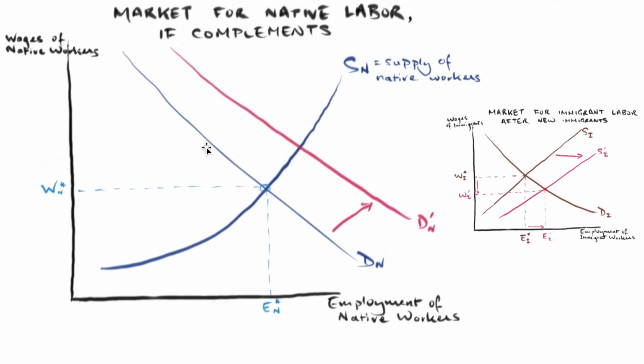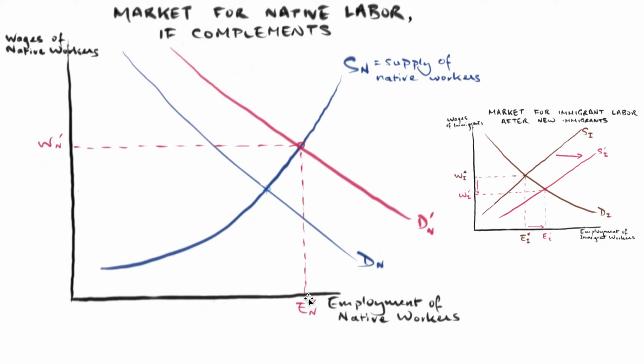So in this analysis of immigration, the two types of labor are complements to each other, and the reduction in the price of immigrant labor results in an increase in demand for native workers, a shift to the right in the demand curve for native workers. Then the labor market for natives will have a new equilibrium where supply and demand intersect. New equilibrium wage will be Wn prime, new equilibrium employment En prime.